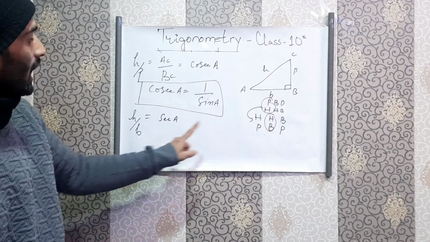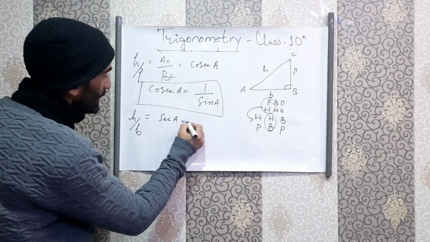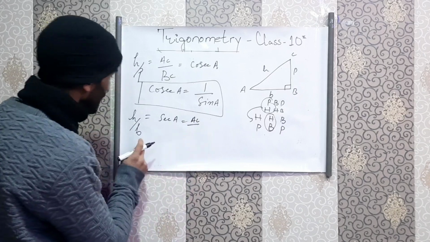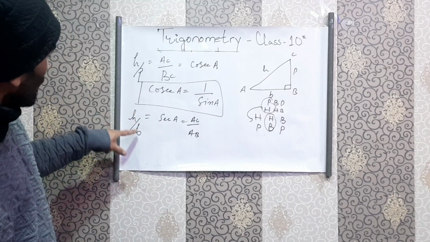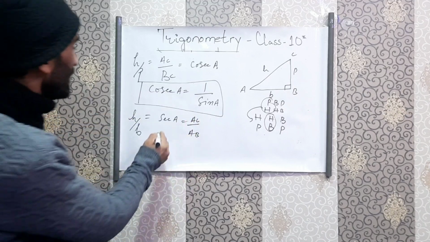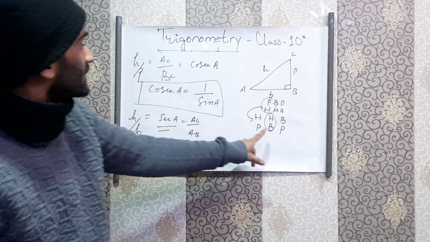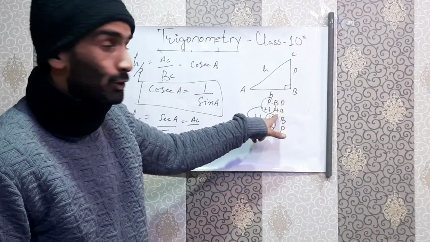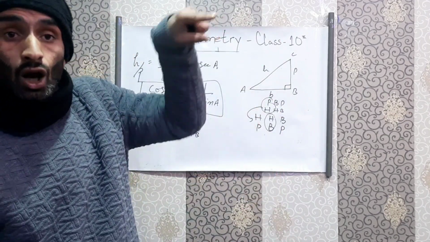Sec A, or we can say here hypotenuse, that is AC, by base, that is AB. Means hypotenuse by base is equal to AC by AB. That is sec A. Hypotenuse by base is the reciprocal of base by hypotenuse, and base by hypotenuse is known as cos.